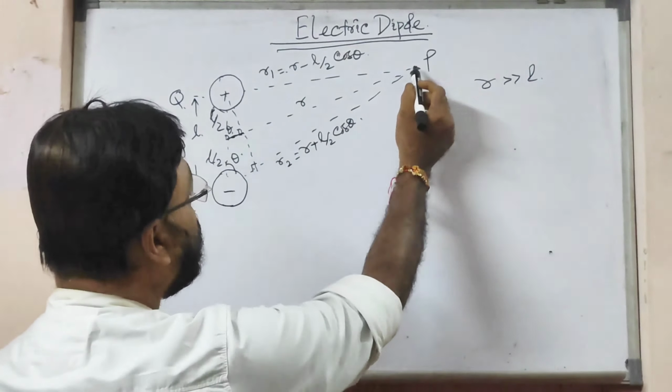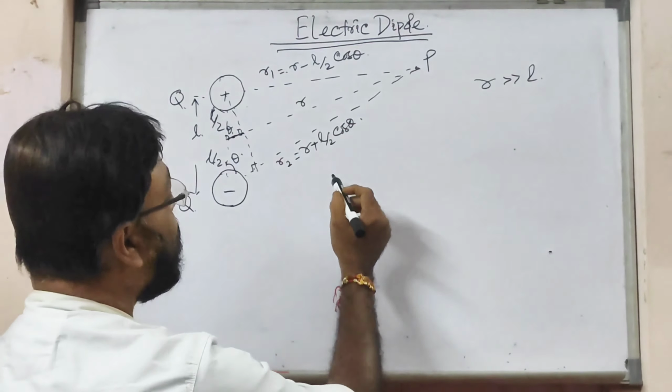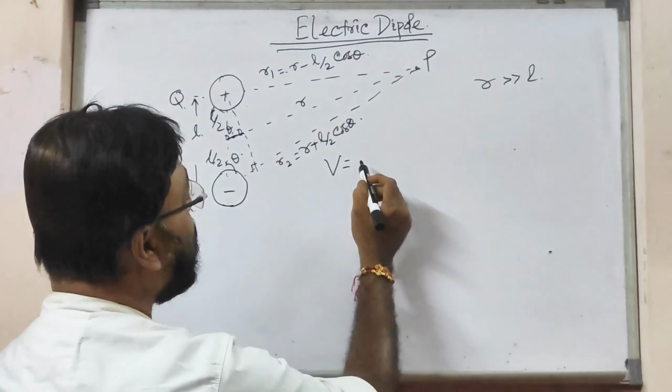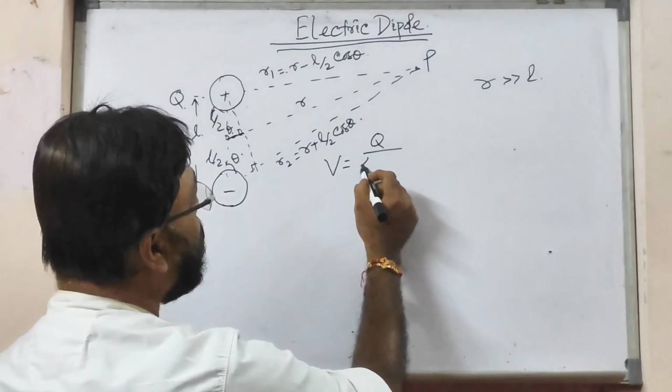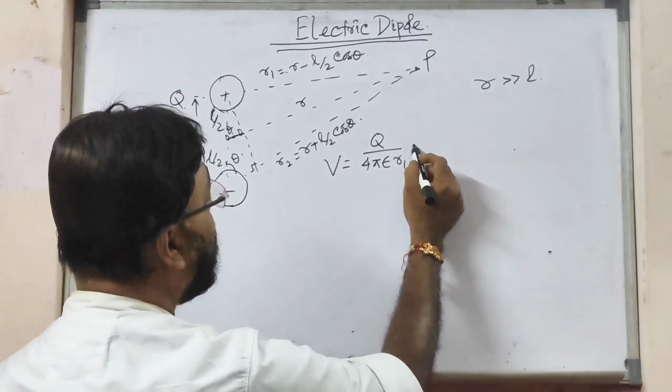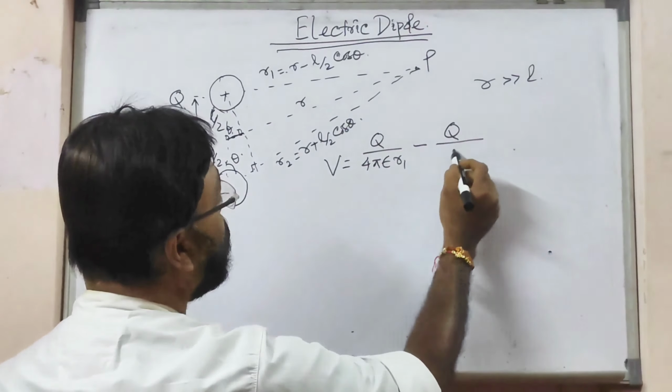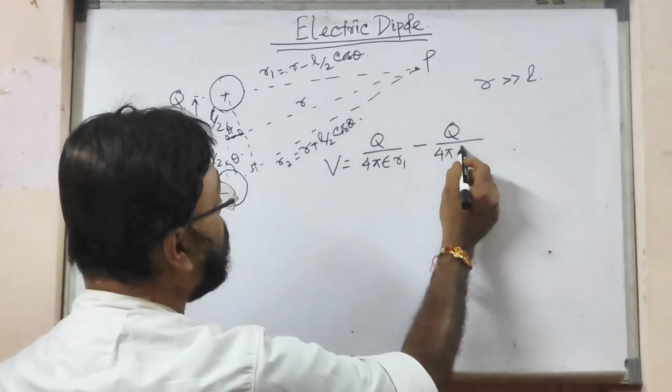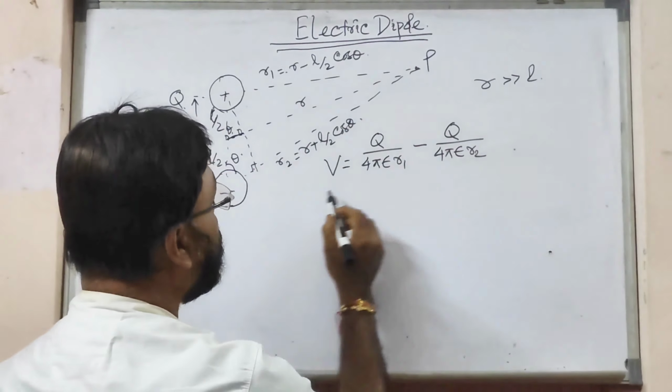The potential at point P due to these two charges, let it be V, is equal to Q by 4 pi epsilon R1, and due to the negative charge it will be minus Q by 4 pi epsilon R2.